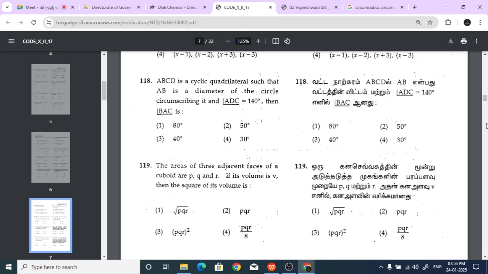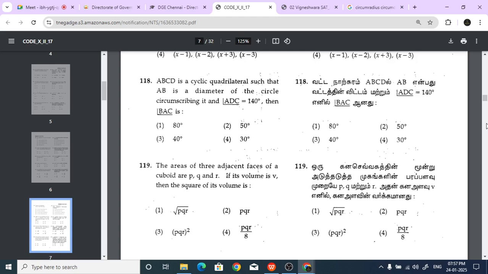Six. So one face will have a measurement, and the opposite face will have the same measurement. So you can say 3 unique faces are there, and the areas of those 3 faces are P, Q, R.